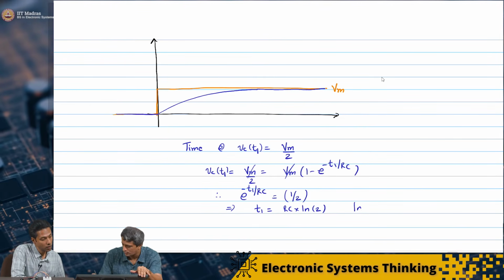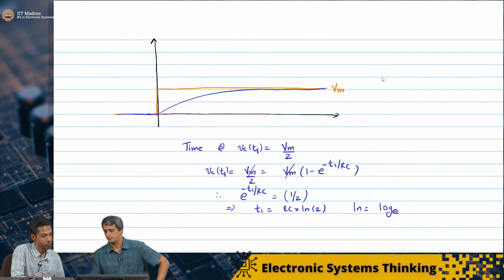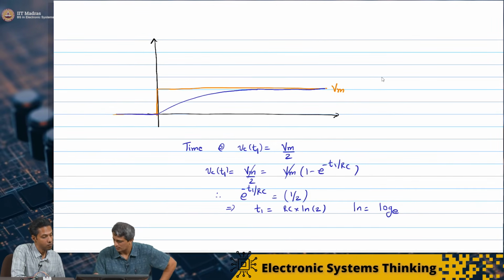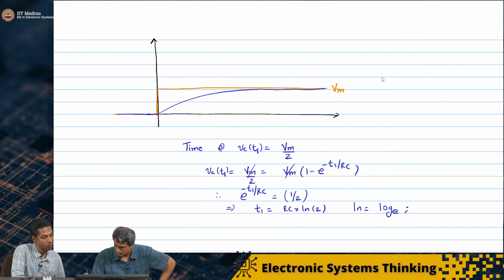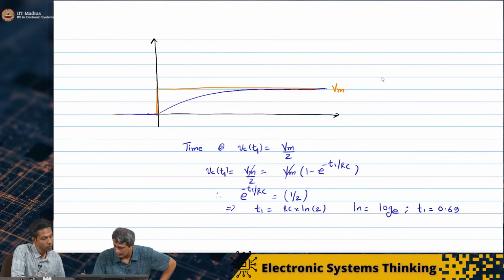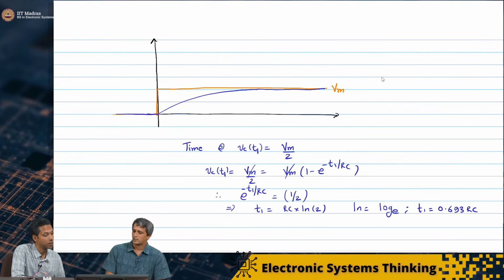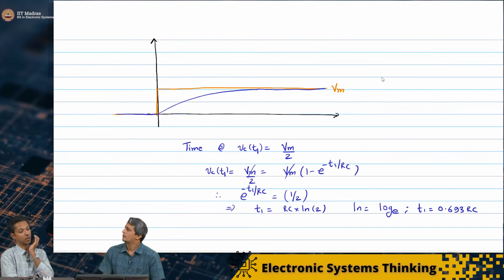Ln is obviously log to base e, right? And what is this number, by the way? T1 is 0.693 RC. Okay. So this is where your question comes.